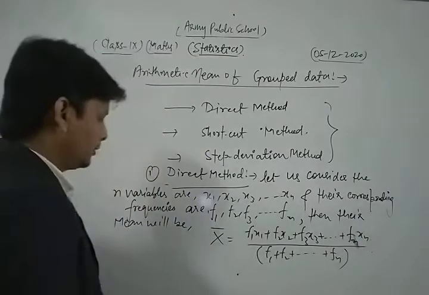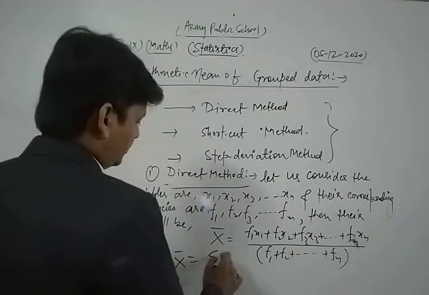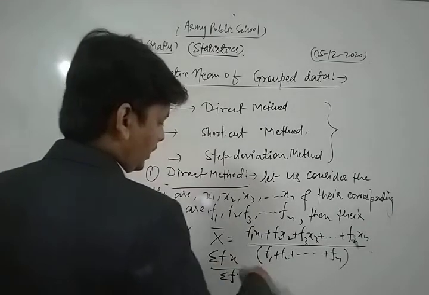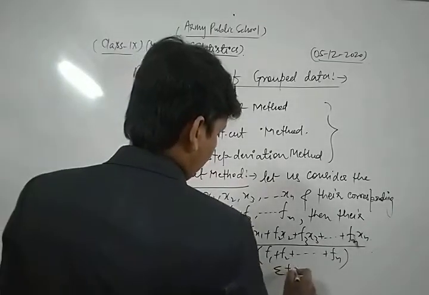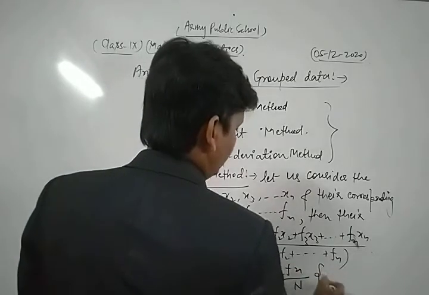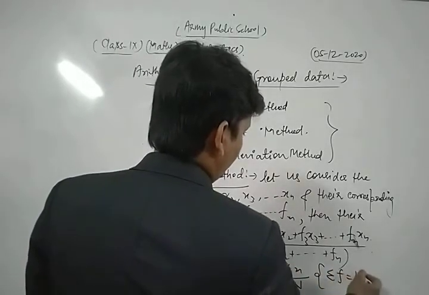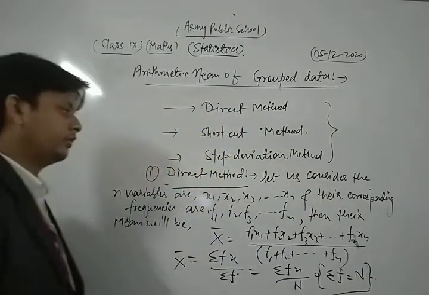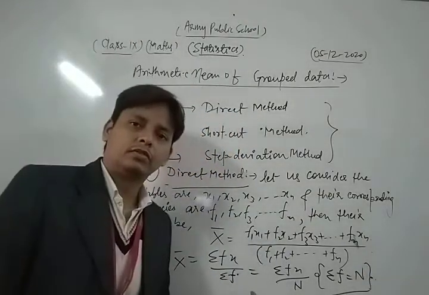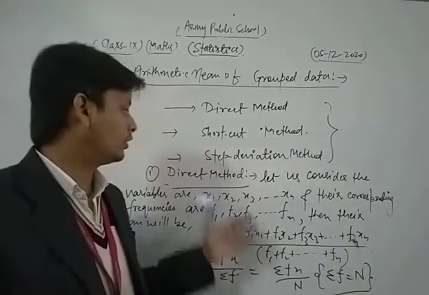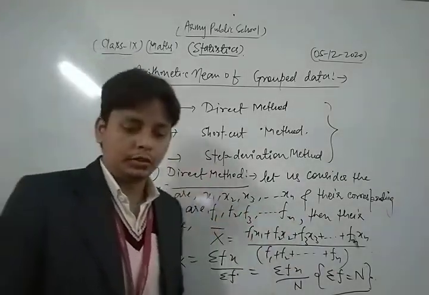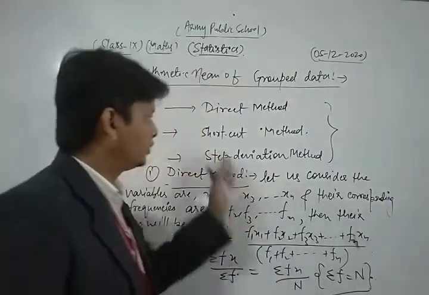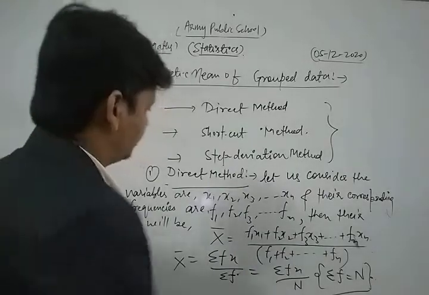This formula can be written as sigma f x upon sigma f, and sigma f, the sum of all frequencies, we can write as capital N. This is the formula for the direct method. So now we solve some important questions based on mean using the direct method.